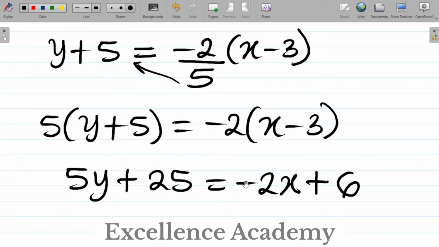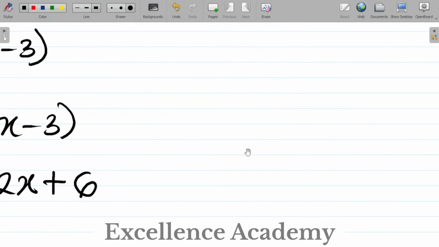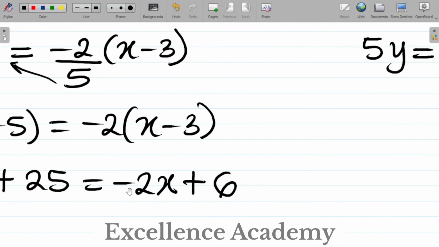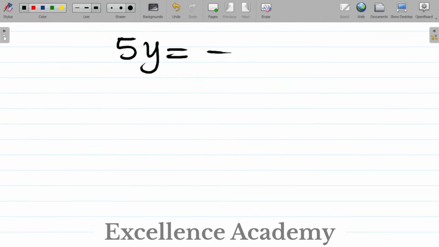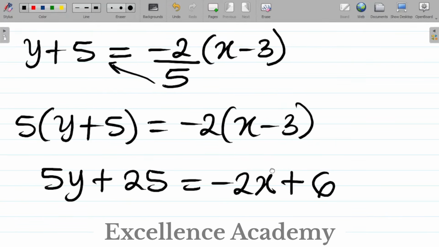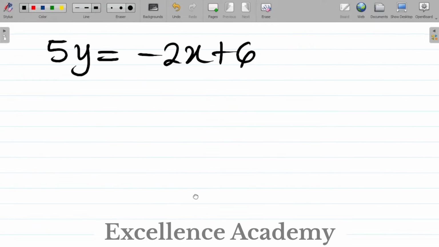Proceeding from here, 5y is equal to minus 2x plus 6, and then the plus 25 moves over and becomes minus 25.